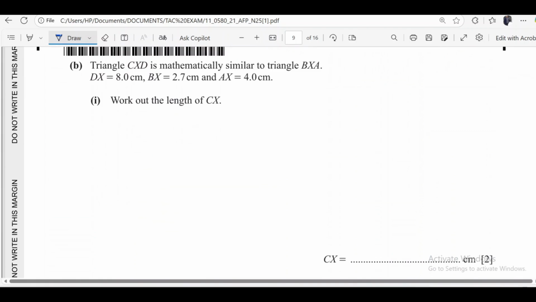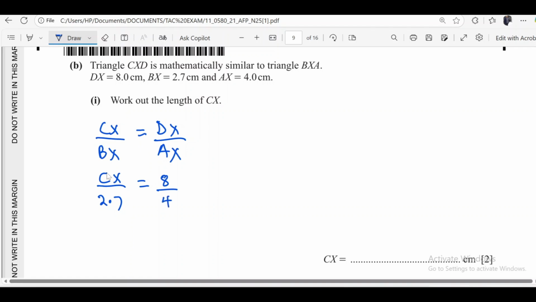We have said here that CS over BS is equal to DS over AS. These are corresponding sides, and we are looking for CS. BS is 2.7, and DS is 8, AS is 4.